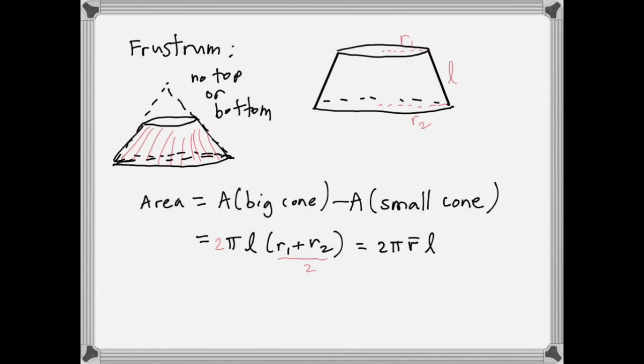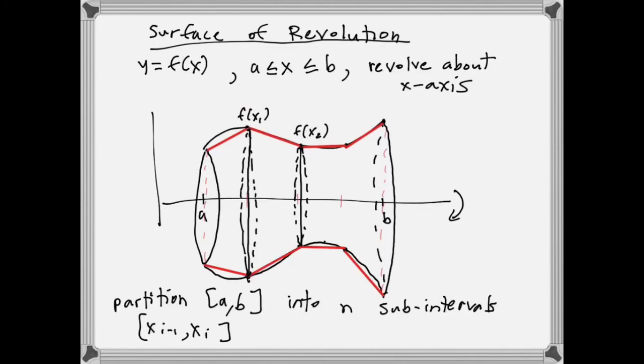Doesn't that look like one of these? So what's the difference? The only difference is that the function values are the radii, aren't they? So we're going to take this guy, which I'm just going to call frustum. Now, notice that this is frustum number 2, but I'm just going to call it frustum number i, okay? So let's draw it.